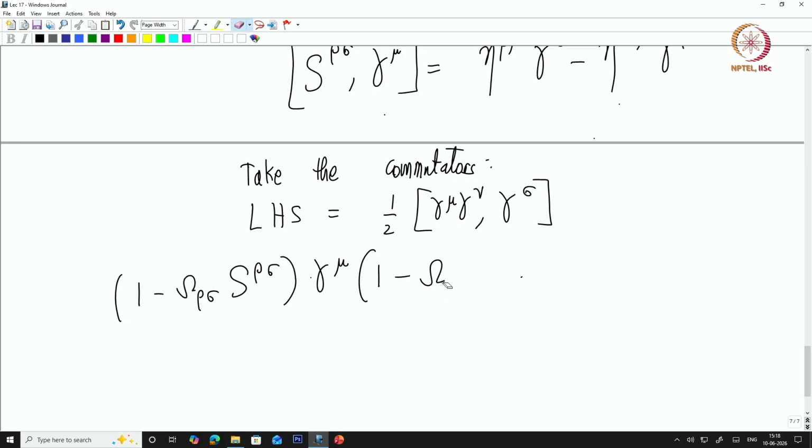So, lambda delta S lambda delta, take this, okay, and then this should be equivalent to, at the end of the day this will end up being this condition essentially S rho sigma gamma mu, okay.